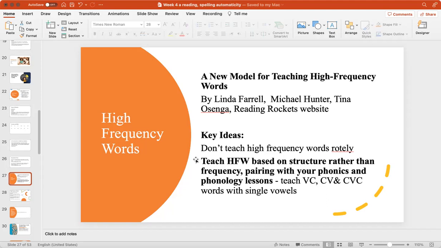Literally, they'll send home 10 words a week, and they won't talk about how many sounds are in them or which part of the word plays fair and doesn't play fair. They just say memorize. And there are too many words to memorize, and that doesn't teach our students how to do it thoughtfully.